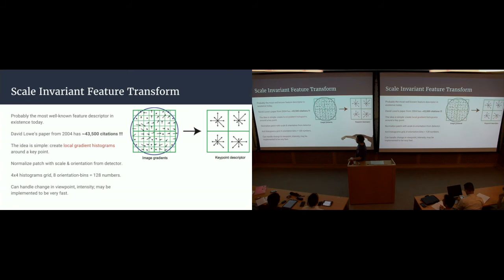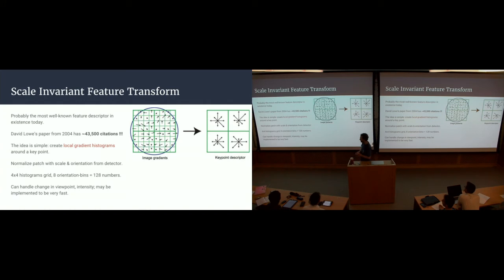It's 4 by 4. This is just 2 by 2, but really in the paper, what they do is 4 by 4. For every one of those little patches, you calculate the histogram of gradients. You put everything into a big vector, and that's it. That is your feature.